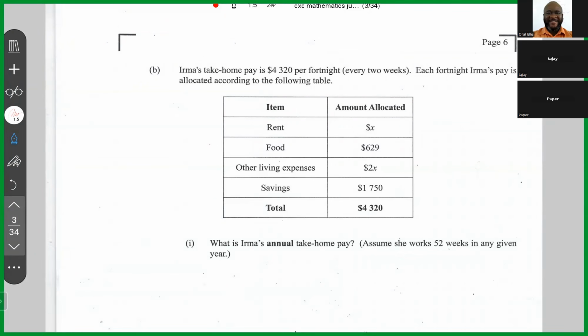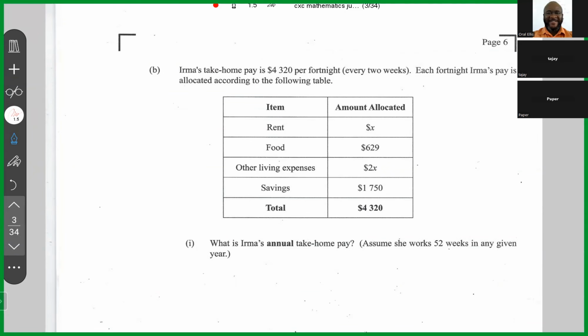For food, she allocates $629. Other living expenses 2X, savings $1,750, and her total net income per fortnight is $4,320. All right, so the key here is to remember that this is our allocation of our pay for every 2 weeks.